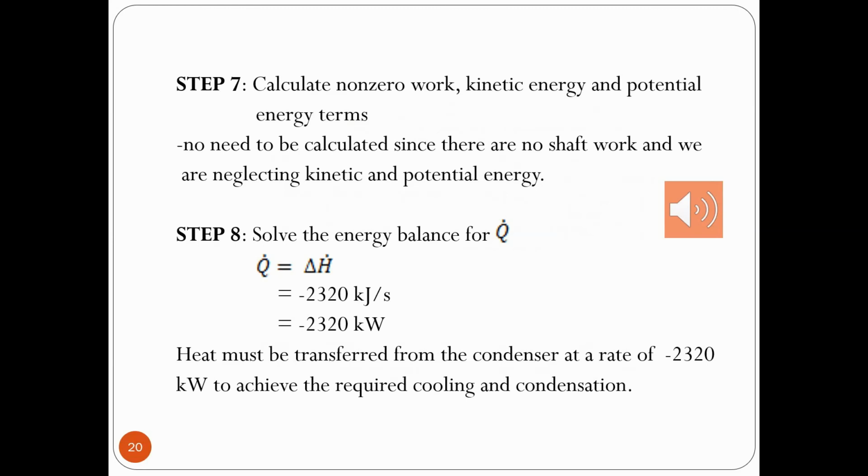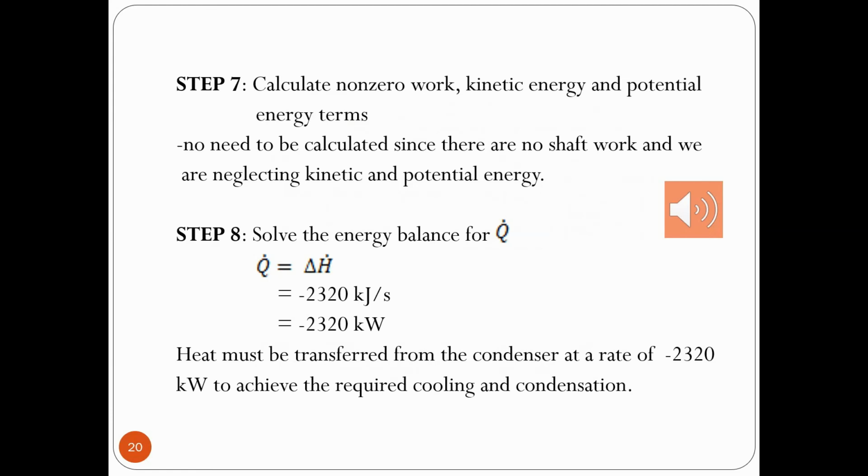So lastly, our step 8, where we need to solve the energy balance for the Q rate. As we can also refer back to our step 2, where we already simplified the energy balance, the simplified energy balance is the Q rate equal to the change of enthalpy rate.